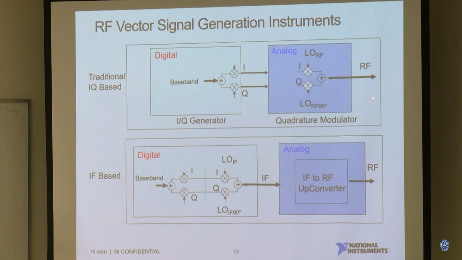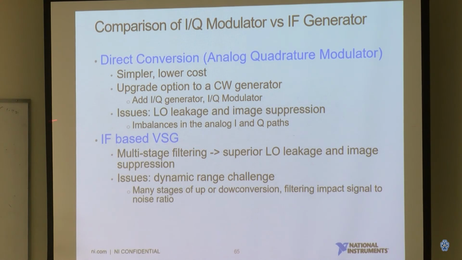Right now, some of the vendors try to generate direct conversion up to 20 plus. But if you want to generate 60 gigahertz or 100 gigahertz, you have to use an intermediate frequency stage and use another stage to up convert it. So again, more functionality, more powerful, more cost.